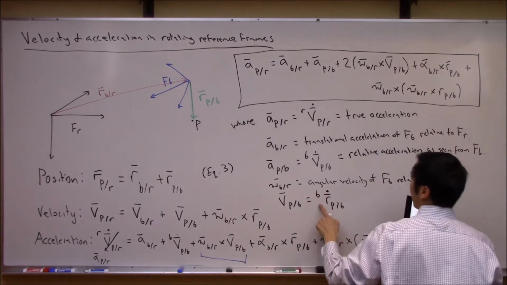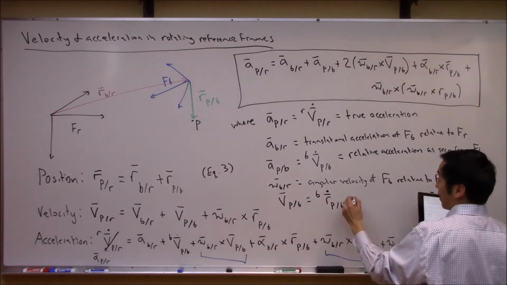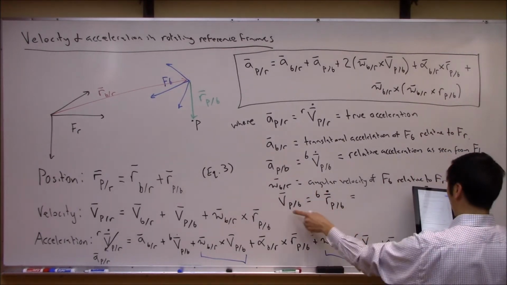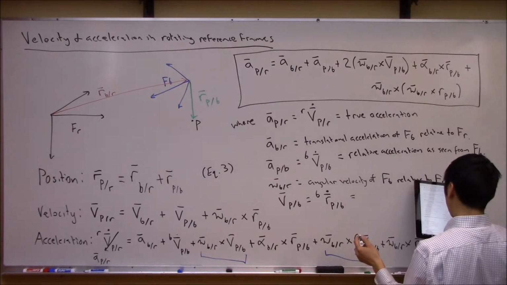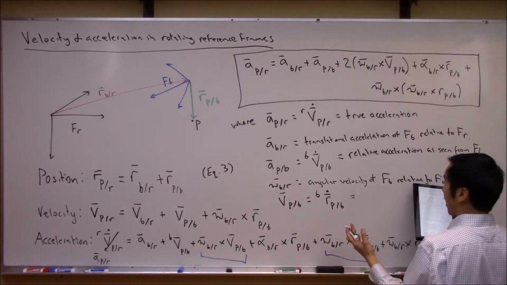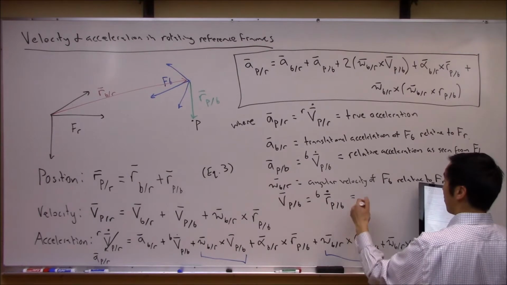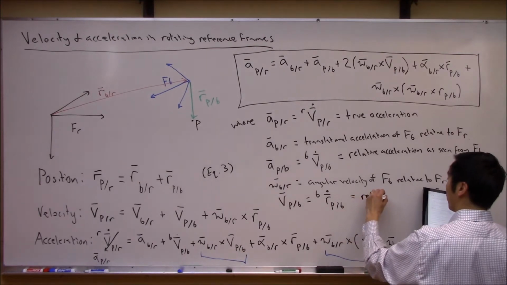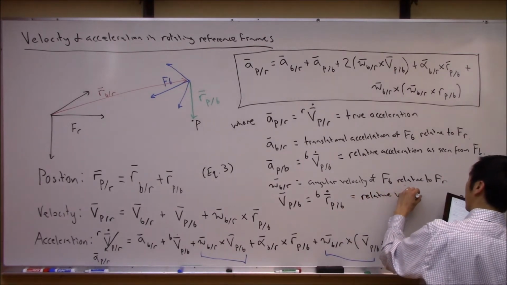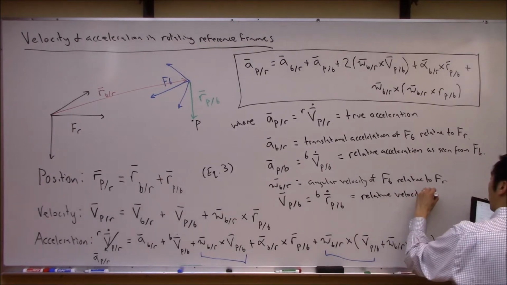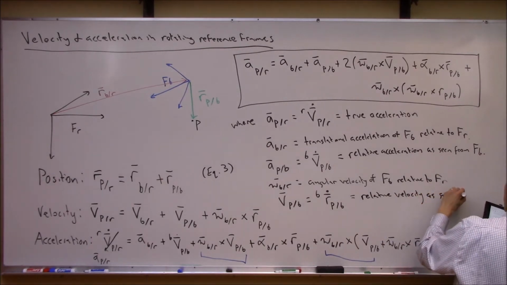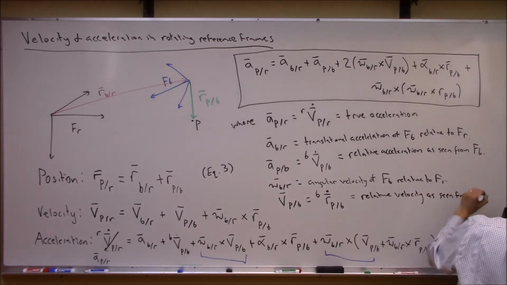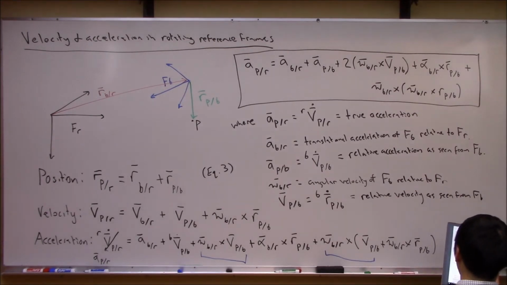This notation is a little more helpful because it allows us to see that this term is really describing the relative velocity as seen from FB. So this is the relative velocity of point P as seen from the body frame.